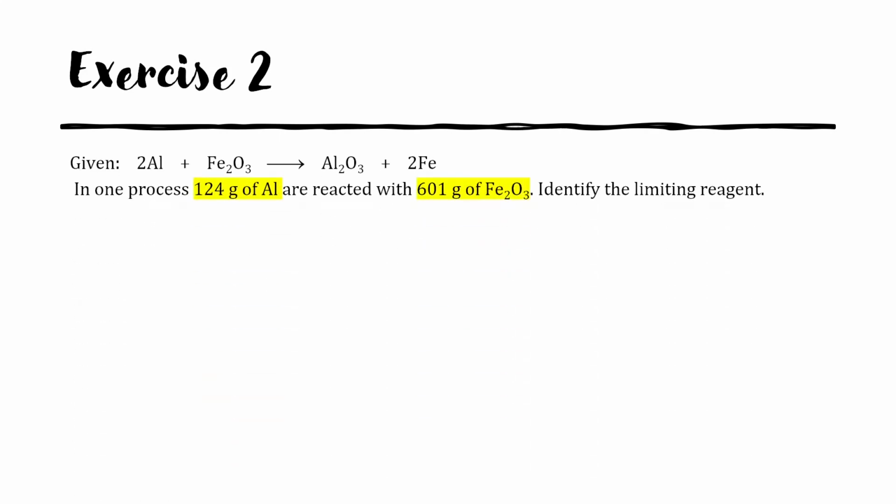Okay, let's see exercise 2. Given for you the equation, the data is also given, the mass and the atomic and molecular mass. So let's identify the limiting reactant. Aluminium and ferrum, we need to find the stoichiometry first, the relationship.